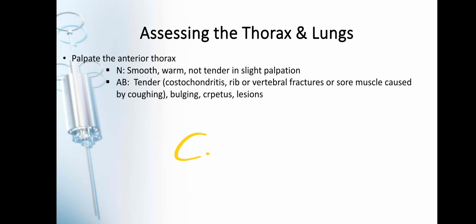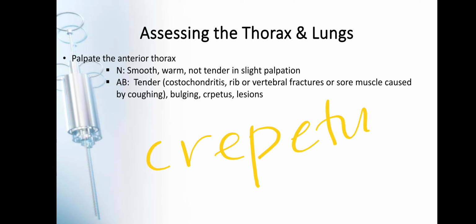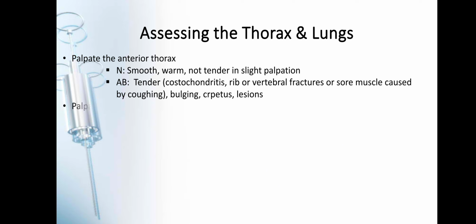This is crepitus, spelled C-R-E. Okay. Crepitus. Yung crepitus po is a sound na parang, imagine that you crumple a piece of paper, yun po yung napapalpate ninyo, no? That is abnormal po, and lesions.